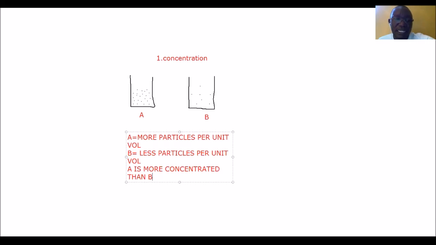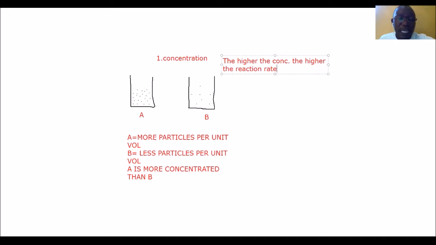We need now to understand the effect of concentration on a chemical reaction. The higher the concentration, the higher the rate of a chemical reaction. So that means an increase in concentration leads to an increase in the reaction rate. So this is what I'm saying.